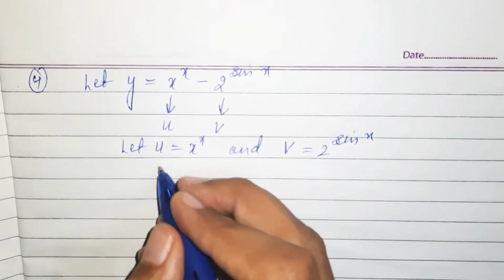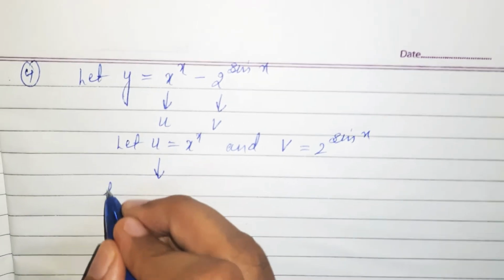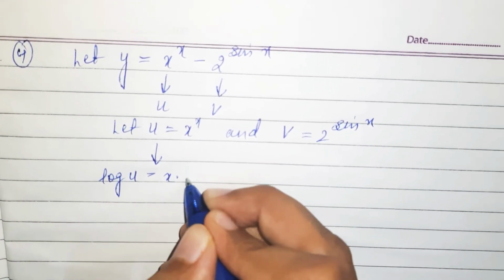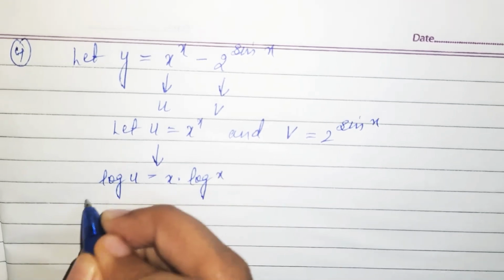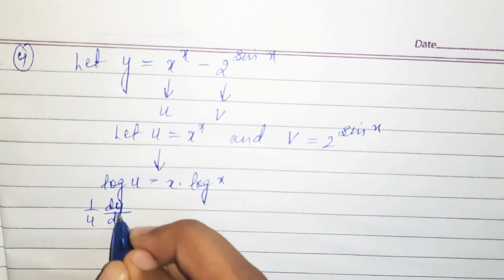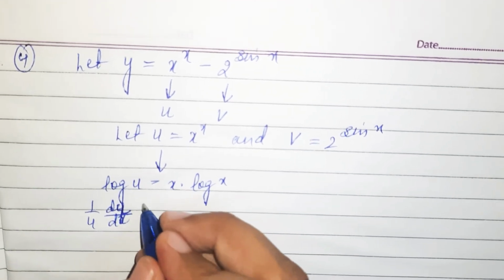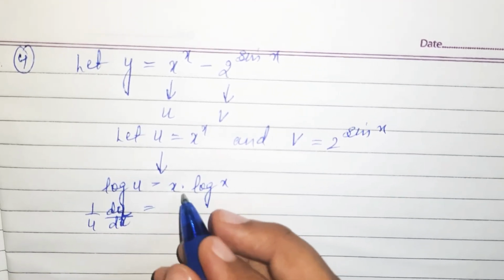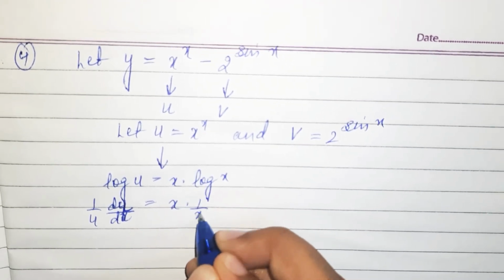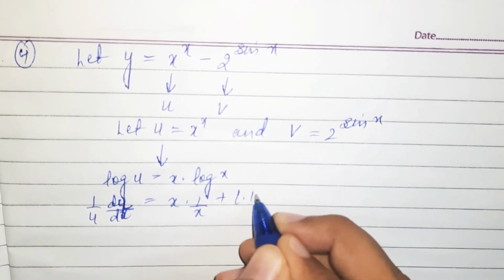Firstly, apply log on both sides. So it will become log u equals x log x, since x will come before log. So what I am getting is 1 upon u du by dx. Apply the product rule: first function same into 1 upon x plus 1 into log x.